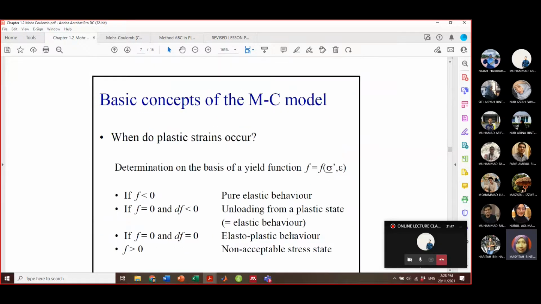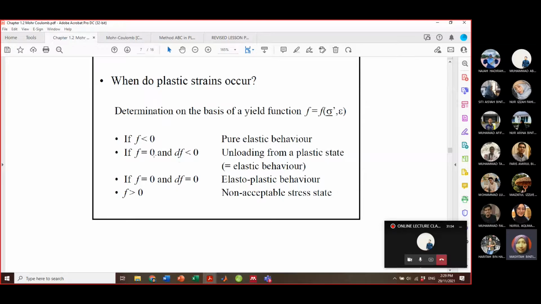You can see that if the yield criterion is less than 0, it is purely elastic behavior. If the yield criterion equals 0 and the yield increment is less than 0, this is the condition of elastic behavior, unloading from a plastic state.